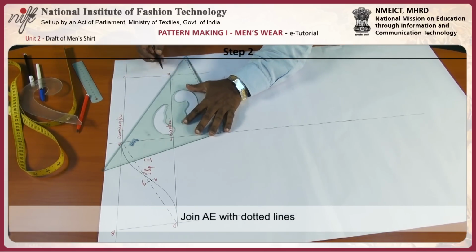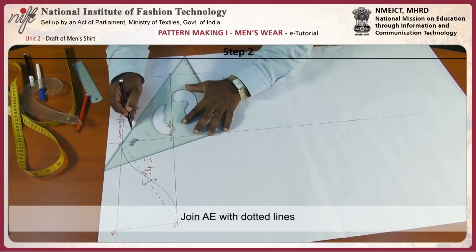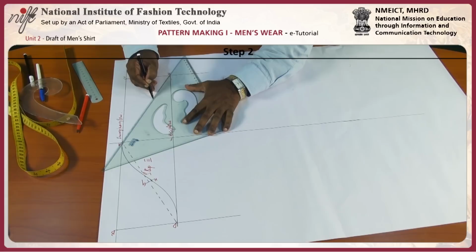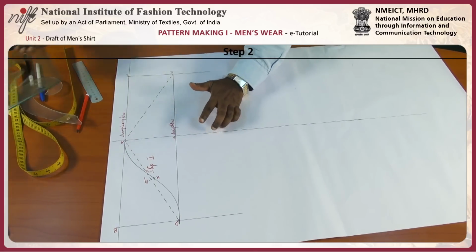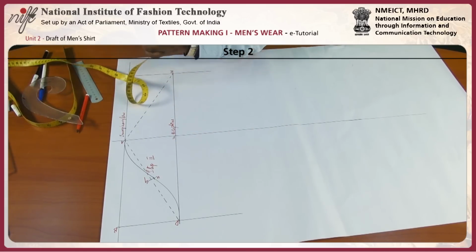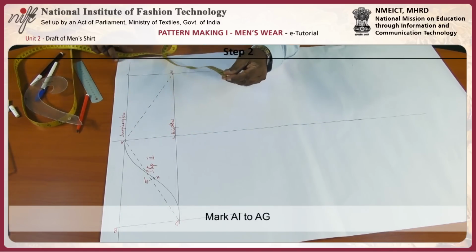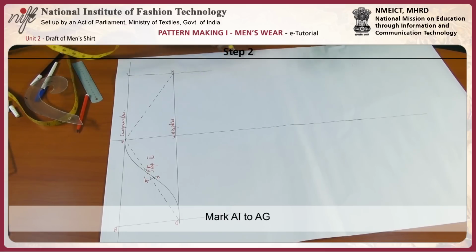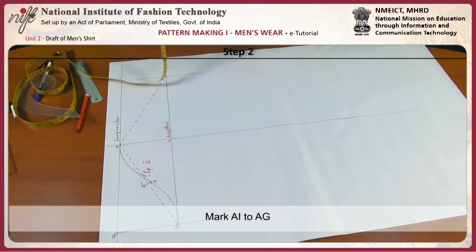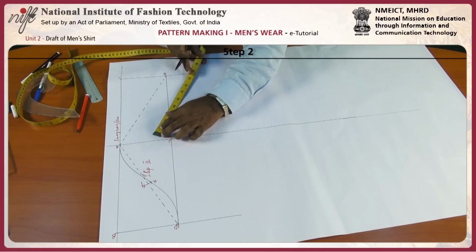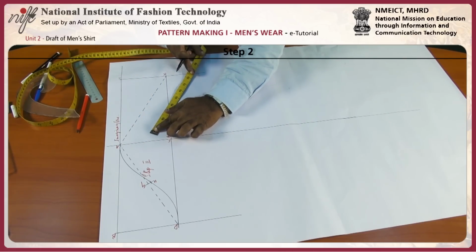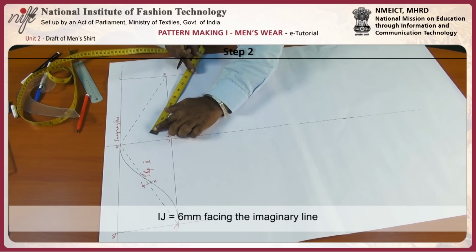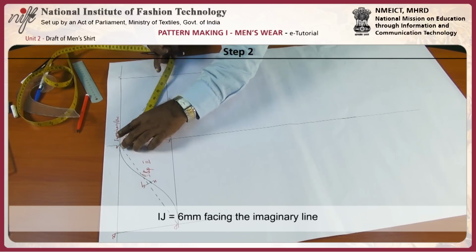First, need to join AE with the dotted lines. Then mark AI equal to AG, IJ facing the imaginary line.